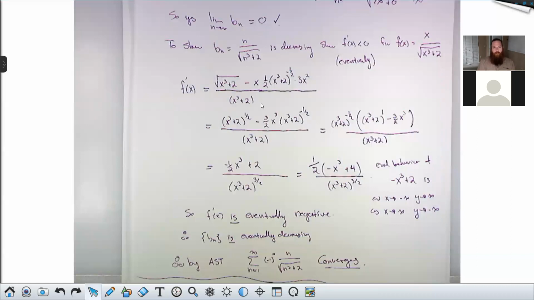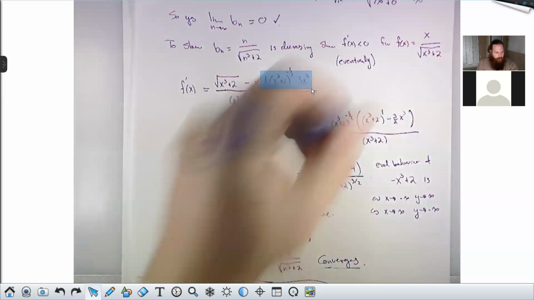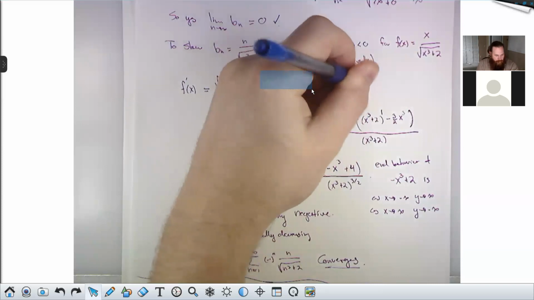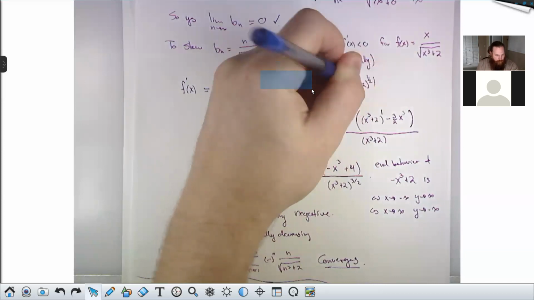Yeah, we can look at this derivative more carefully. So this is the bottom times the derivative of the top. The derivative of the top, the derivative of x, is 1. So 1 times the bottom minus the top times the derivative of the bottom. So to get the derivative of the bottom, I need to differentiate (x cubed plus 2) to the 1/2.